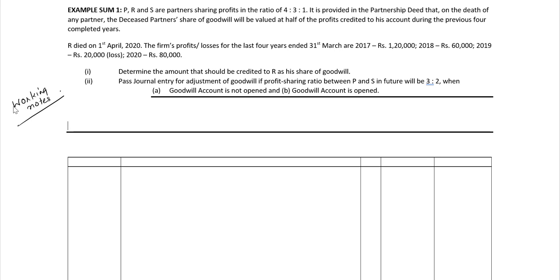Now we already found out that R's share of goodwill is equal to rupees 45,000 while doing the first subdivision. Now, R's share in profits equals 3 divided by 8.